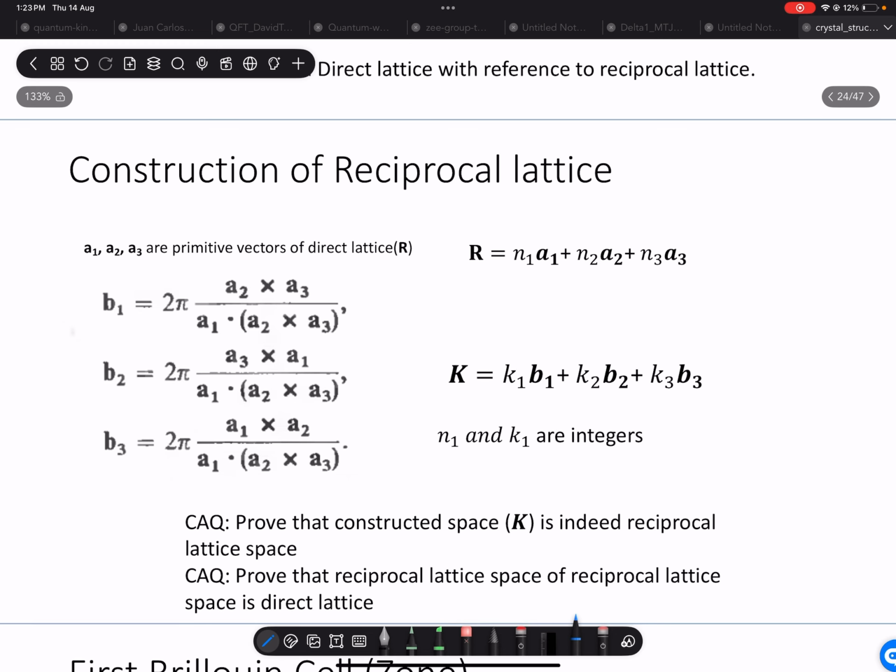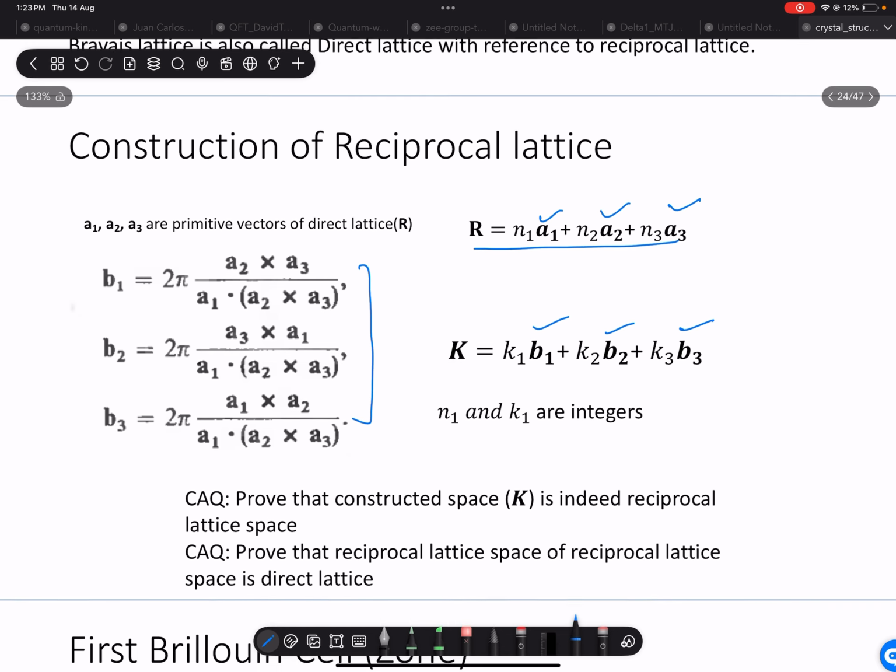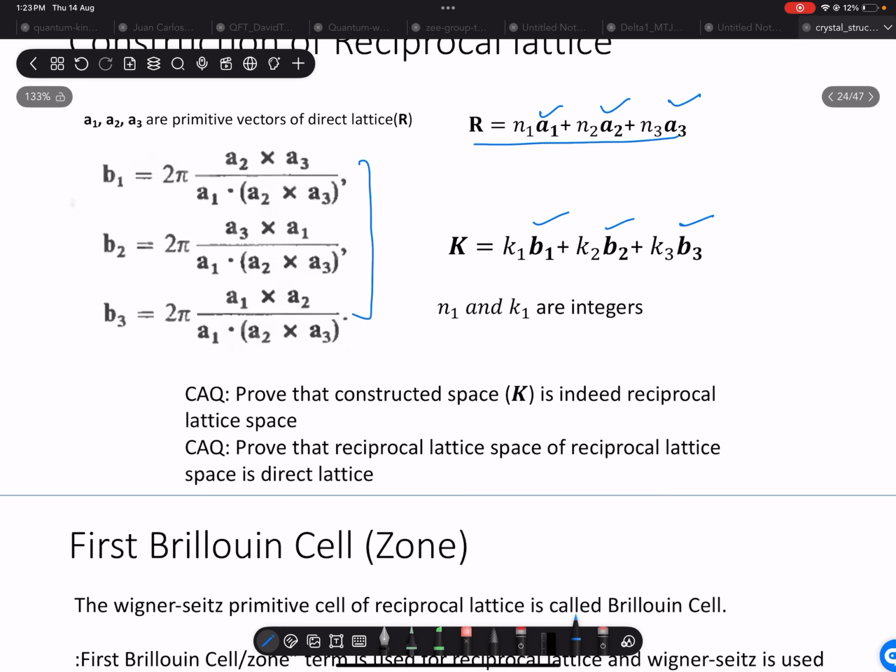How do I construct a reciprocal lattice space? The same construction that we have discussed. You need the three primitive vectors a1, a2, and a3, and then you can get three primitive reciprocal lattice vectors. These are questions you can try at home. This is simple.